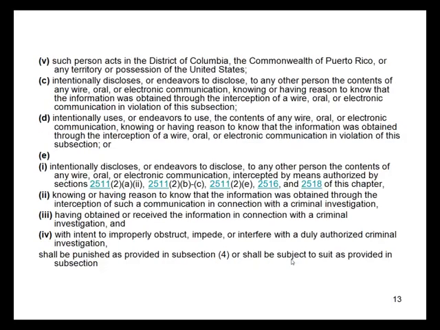And if you obtain that information, whether you listened to it or somebody else listened to it and gave it to you, and you disclose what you heard to anyone else, you are in violation of the statute, with the exception of service providers and law enforcement officers pursuant to an authorized criminal investigation.